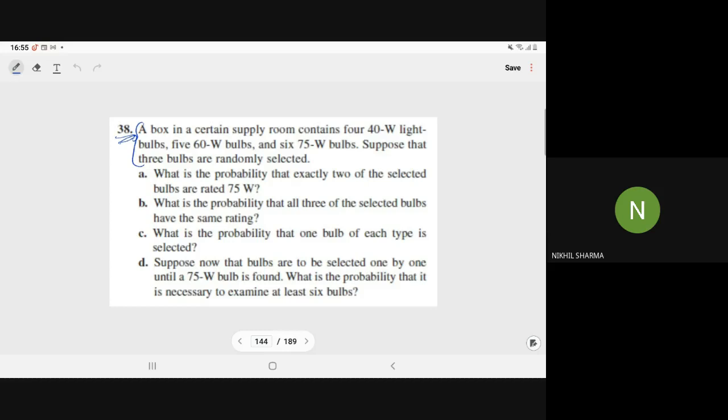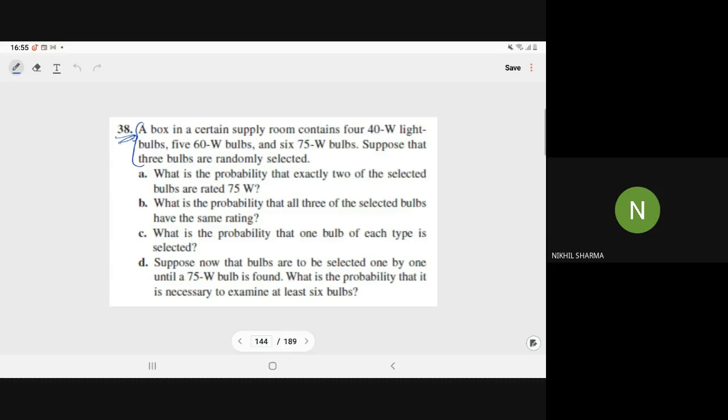When we are selecting, we are repeating until we have 6 events. Suppose the valves are to be selected one by one. You have to select them one by one. So are we replacing it or not? No, we are not replacing.